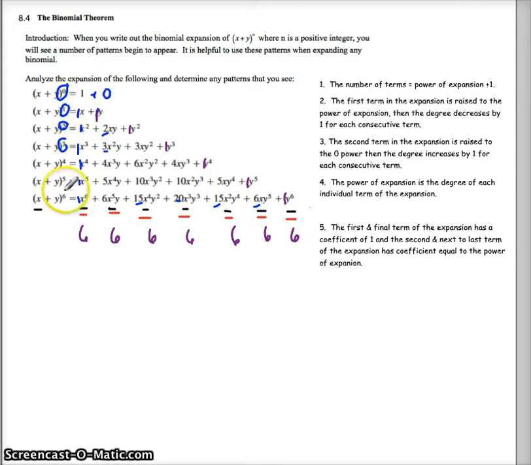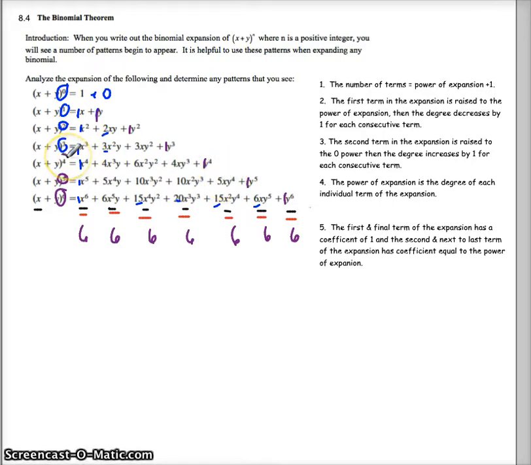For example, the power of expansion is 6. The second term and the next to last term have a coefficient of 6. When you have a power of 5, the second term in the expansion has a coefficient of 5, and the next to last term in the expansion has a coefficient of 5.